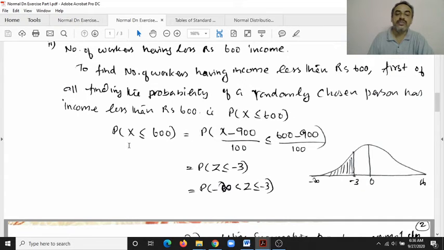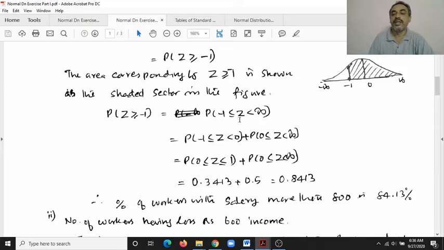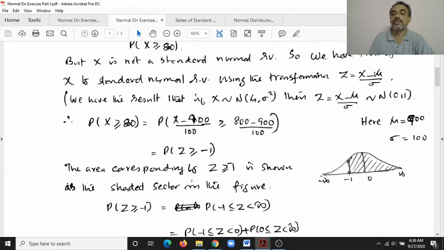Again, we have to transform the present x, which does not have the standard normal distribution, but a normal distribution with mean 900 and standard deviation 100, to the standard normal distribution using the transformation z equals x minus mu by sigma.